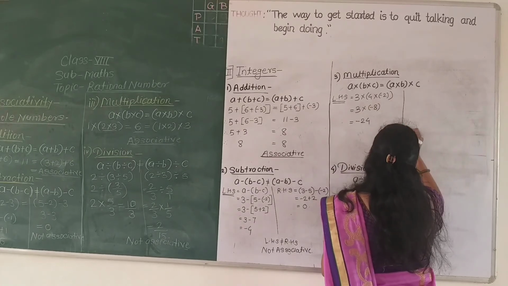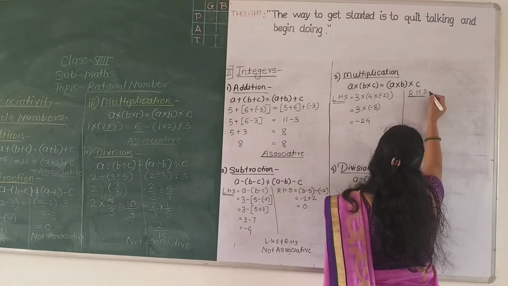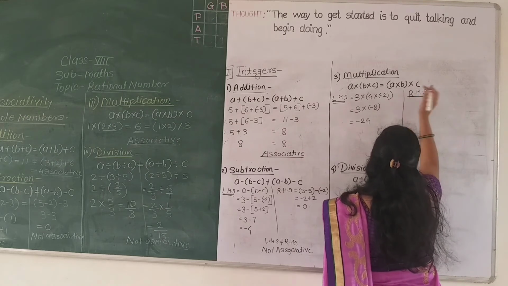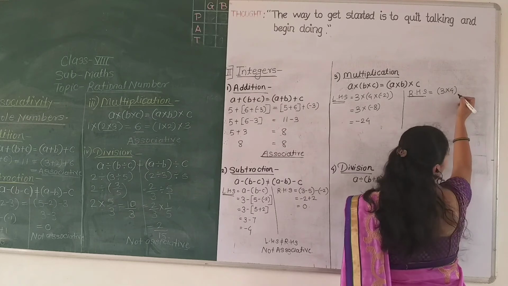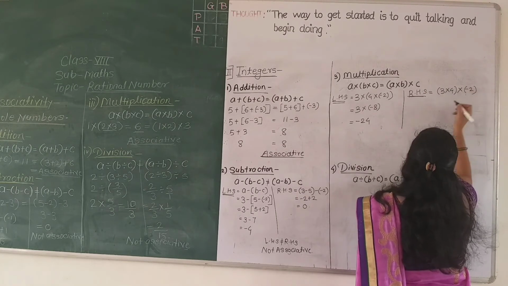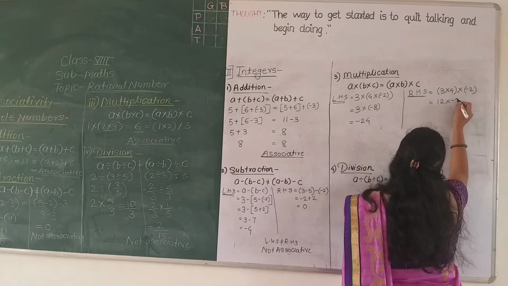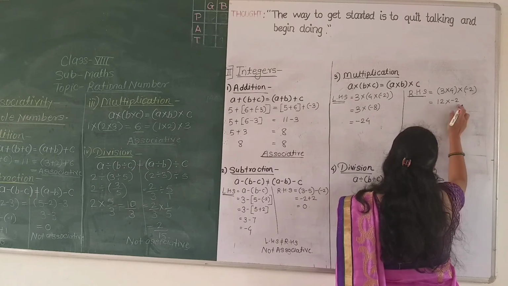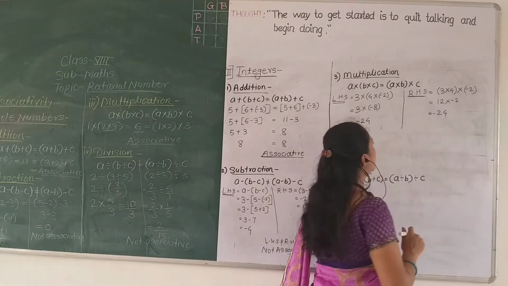Okay, so let us check RHS here. In RHS we make the group of A and B, that is 3 into 4, into the value of C, negative 2. That means 3 4s are 12, and 12 into negative 2, that is 12 2s are 24, so the answer is negative 24.